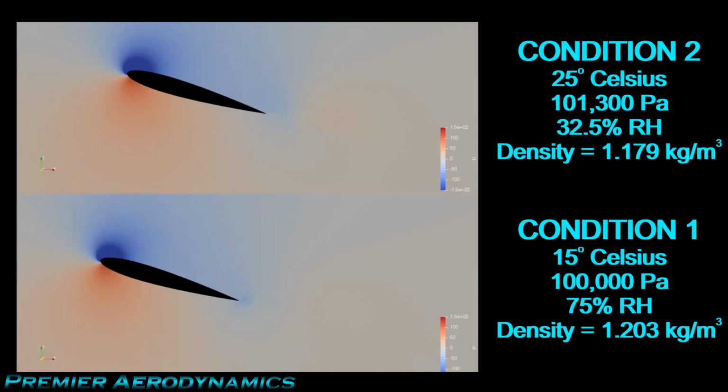That error is there because of the change in the atmospheric conditions: the temperature, the barometric pressure, and the relative humidity. Now, what would happen when you do your experiment? Say you want to figure out what the lift and drag are of these two wings.